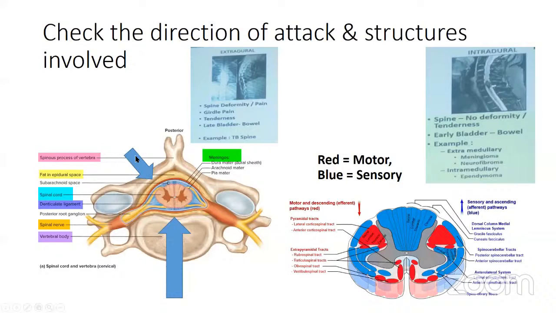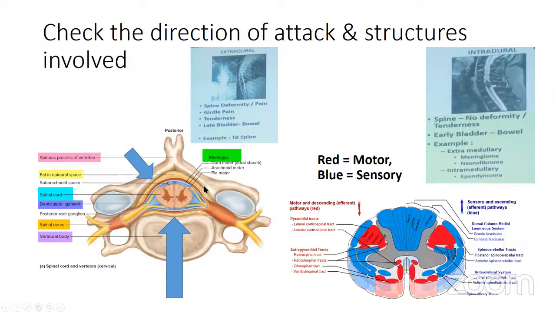So the brunt is coming from the back. So there is involvement of the bladder and bowel initially, followed by sudden involvement of sensory and motor very quickly, without involvement of the spine. So there are no local signs, but there is a quick involvement of the neurology. That is the way by which we can differentiate whether it is intradural or extradural.